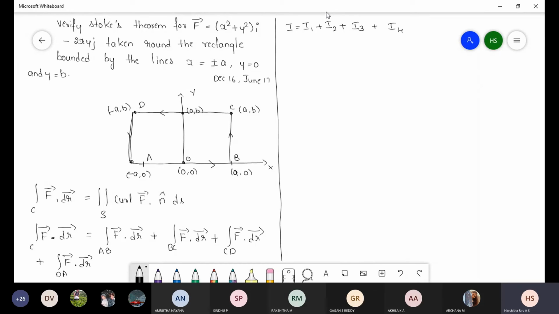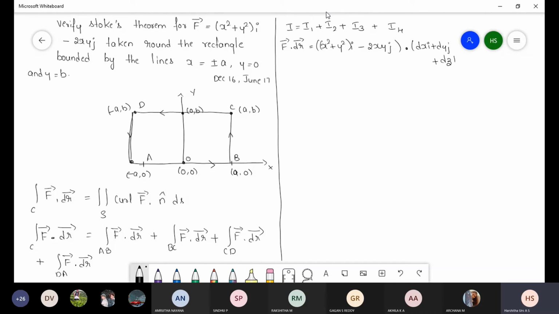Before going for the curve, we just find out vector f dot vector dr. That is x square plus y square into i minus 2xy into j. This is the vector f dot dx i plus dy j plus dz k.